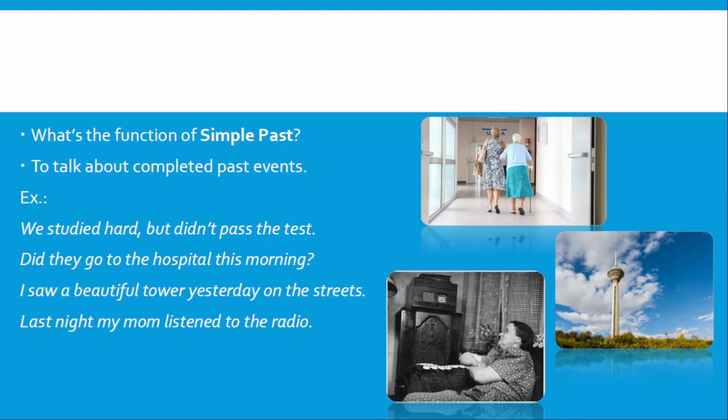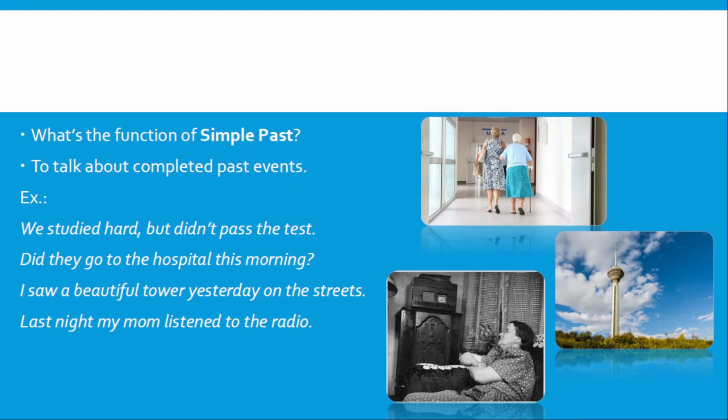Here we have 4 examples. We studied hard, but didn't pass the test. In this example, the verb is study. Study is a regular verb. So in the past, we only add the suffix ed at the end of the verb. Studied.